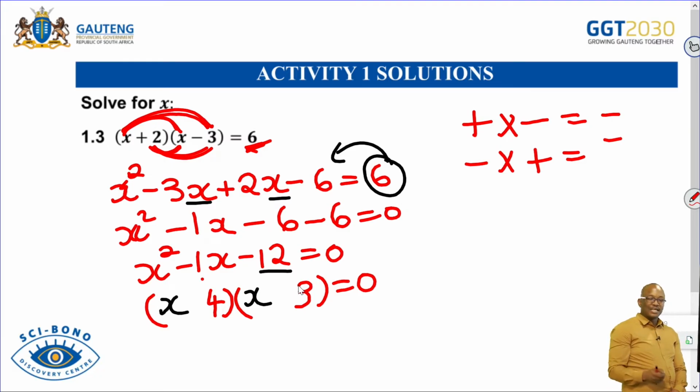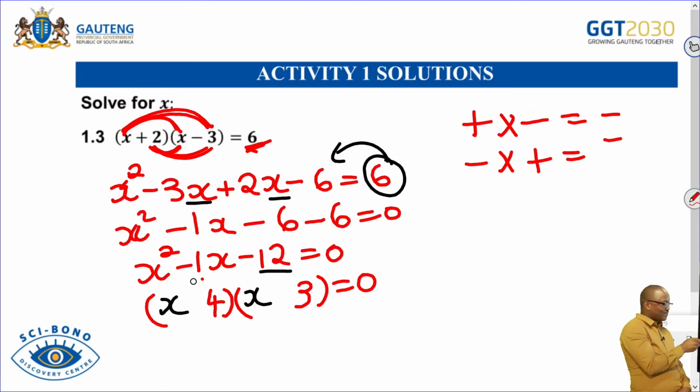So it tells you that when the last term is negative, one bracket must be positive and the other bracket must be negative. So we know that in the brackets we must have one positive, one negative. Then now, how do we decide which bracket must carry negative and which must carry positive? We're looking into the sign of the middle term.